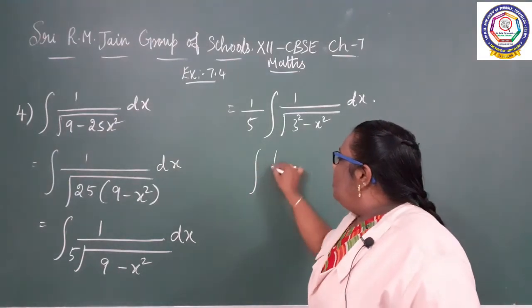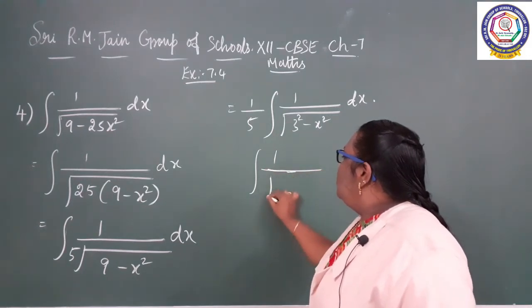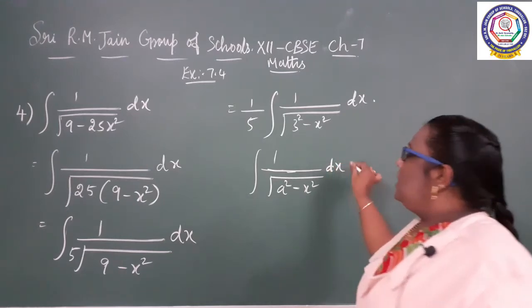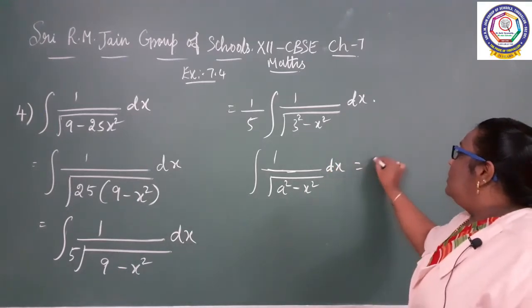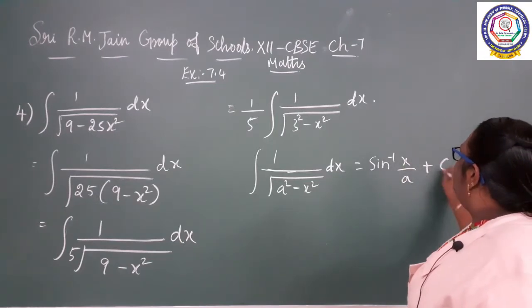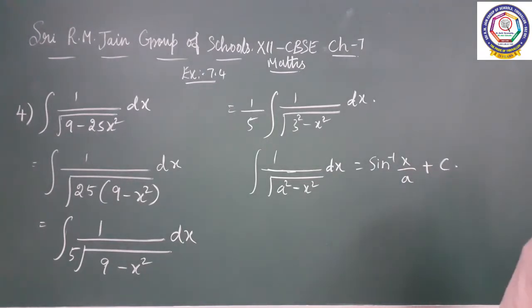So what is the formula for 1 by root of a square minus x square into dx? Sin inverse of x by a plus c.